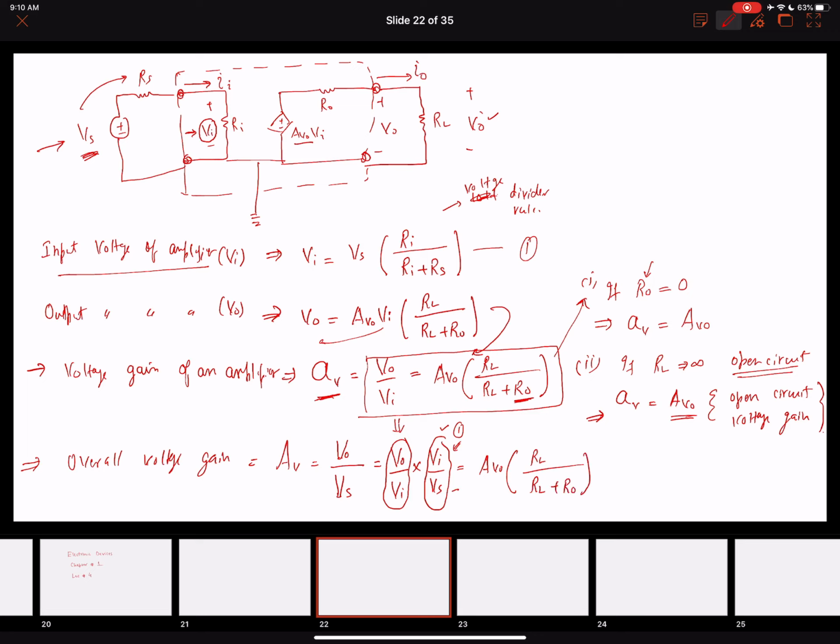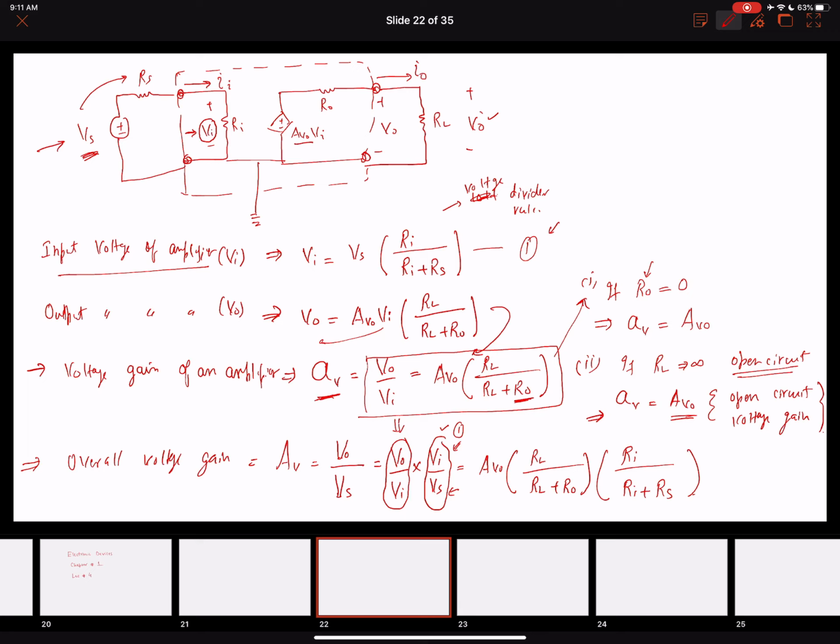And Vi over Vs comes from equation number 1, which is equal to Ri over Ri plus Rs. So this is the other gain, which is known as the overall voltage gain.